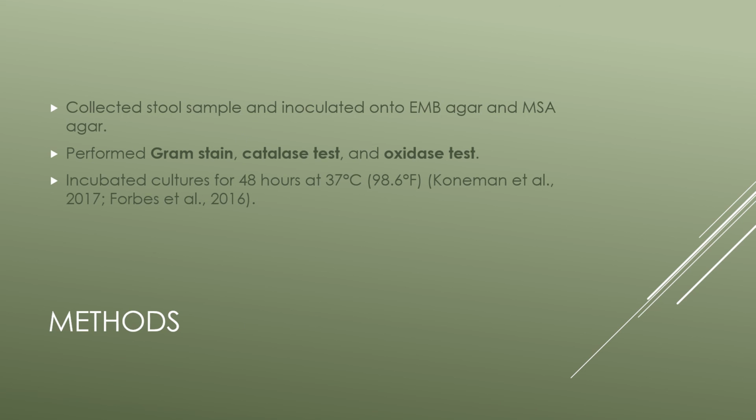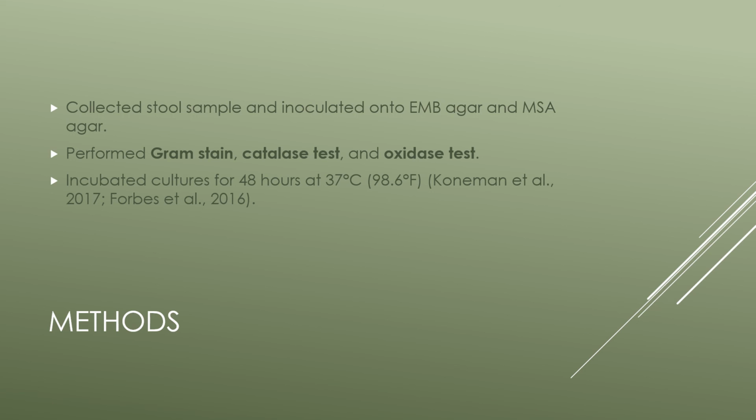For the method, a stool sample was collected and streaked onto two types of agar plates, the EMB agar plate and an MSA agar plate. Additional biochemical tests were done, including the gram stain, catalase test, and an oxidase test.